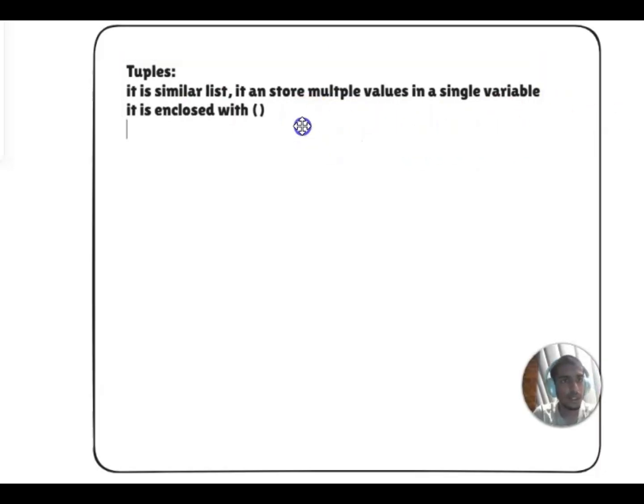The main difference between list and tuple is in the items, because in tuples we cannot change the value of an item. The main difference between list and tuple is mutability.